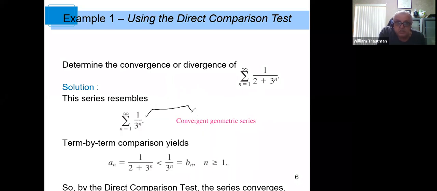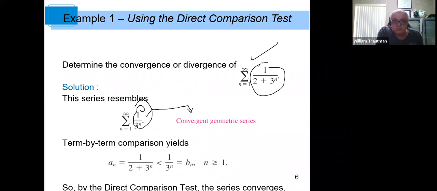This converges. And since this is larger than this, which converges also, we can say by direct comparison, A sub n converges. So that's what we'll be doing. We're looking at the simplified version.